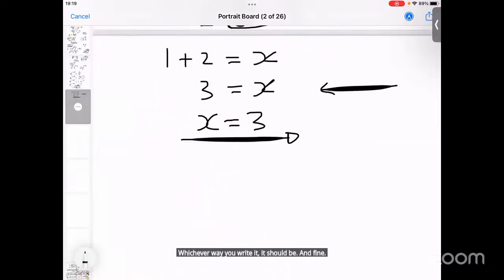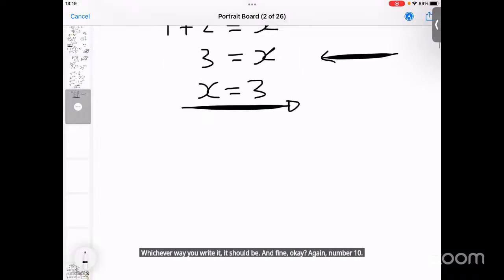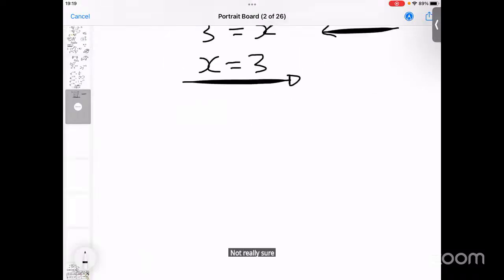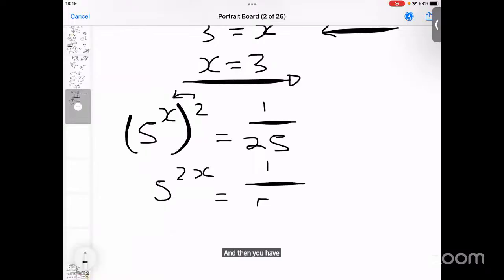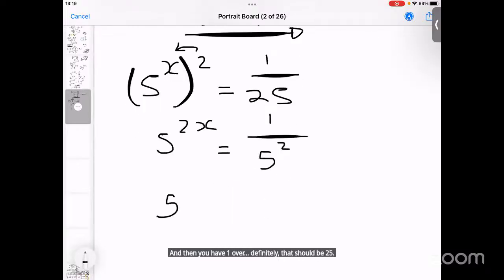Okay, again, number 10, not really sure, but with regards to number 10, it should be the same way. You have that, which will be equal to that. Obviously, you have one base that multiplies with that, then you've got 2x there, and then 1 over, definitely that should be 25, where now you have to work towards making the bases the same.